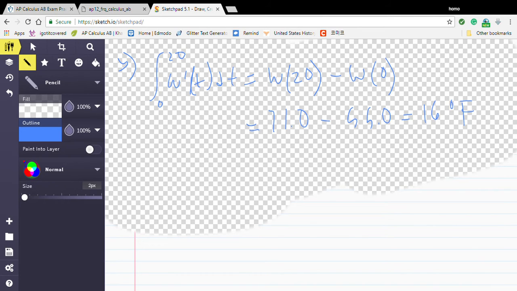So this is no longer a rate. The meaning of this, how I write it: over the interval from 0 to 20, the water temperature increased by 16 degrees Fahrenheit. So this is my interpretation.